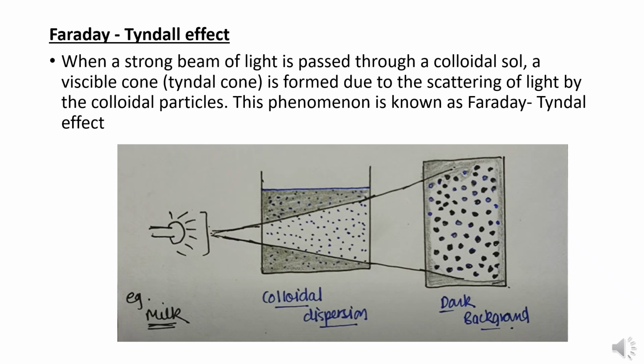The first one is the Faraday-Tyndall effect. When a strong beam of light passes through a colloidal solution, the light gets scattered due to the presence of colloidal particles. This scattering produces a visible cone of light in the colloidal solution, and that cone is called the Tyndall cone.